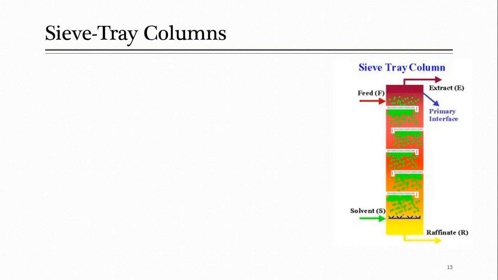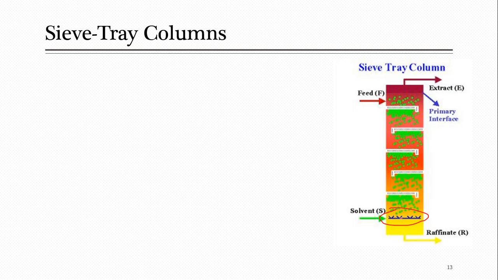In this you can see here, you already know its structure, that there is a column and that contains some trays, and they are sieved, they have holes. Again in this column also counter current contact takes place. One will be entering from the top, either feed or a solvent based on its density, and the other will be entering from the bottom, either feed or the solvent, which will be the lighter one. Here you can observe the nozzles.